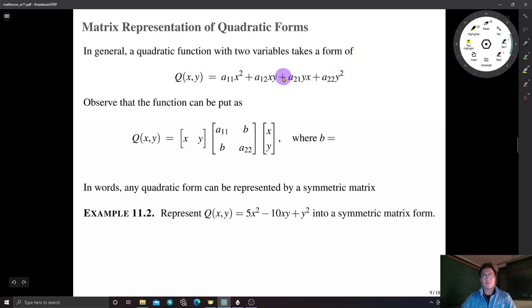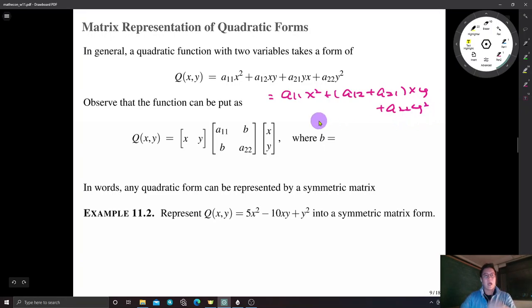Of course, xy and yx are the same. So we can rewrite this as a11 x squared plus (a12 plus a21) xy plus a22 y squared. Once again, the degree of each term is equal to 2.